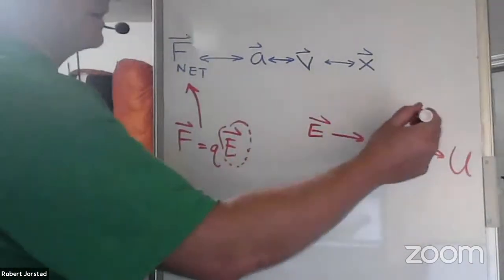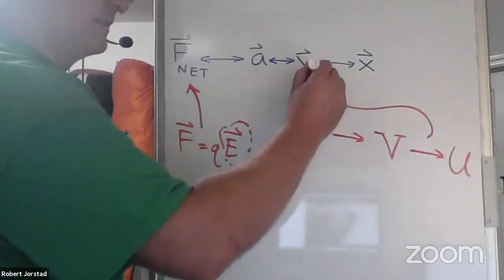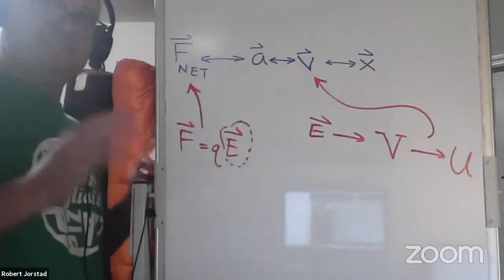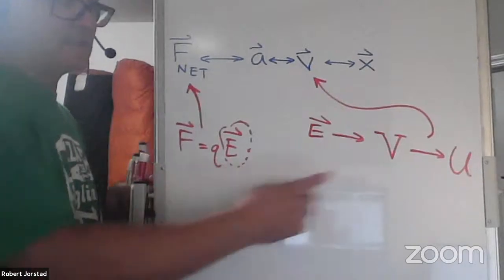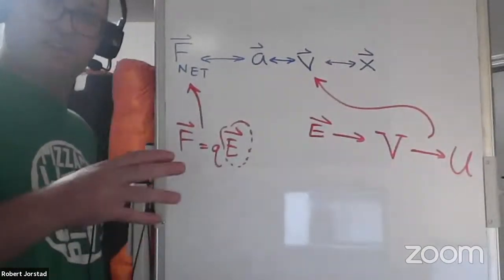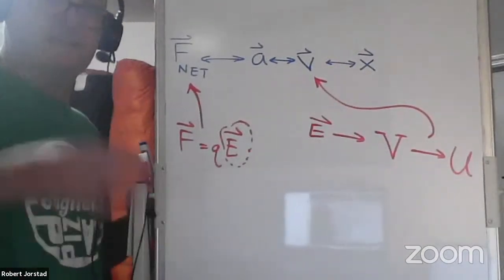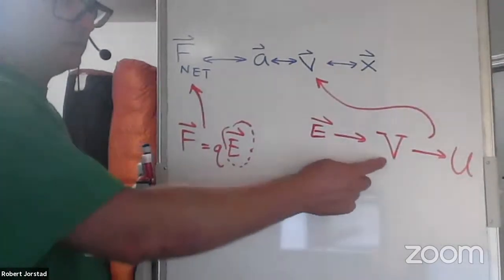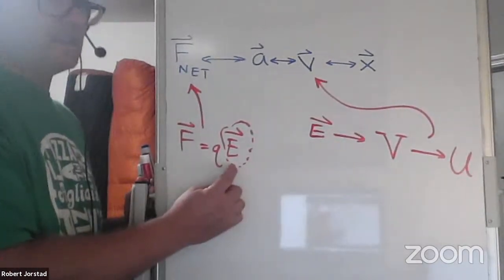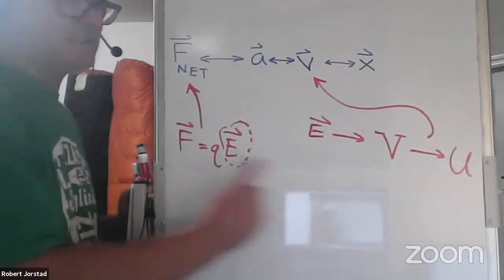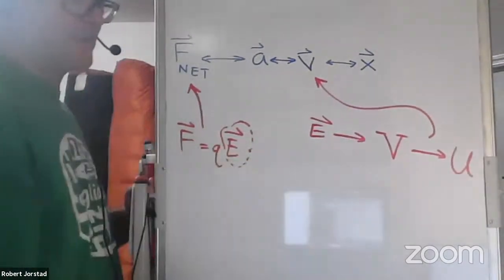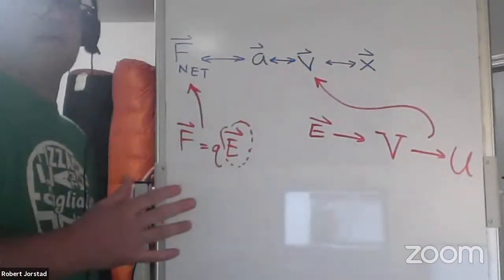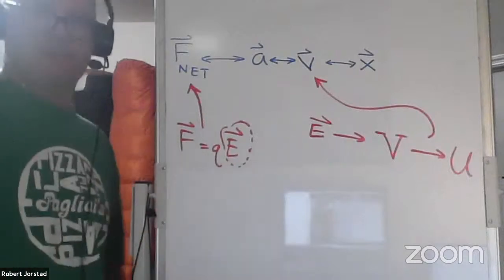These can also be used to figure out the velocity or speed in different cases. Electric fields and voltages are so much easier to calculate, less confusing, and more straightforward on the computer. So it's wise to calculate voltages and electric fields, use that information to figure out forces and potential energies, and from that figure out the motion of particles. That's what we are doing in this chapter. Questions on that?